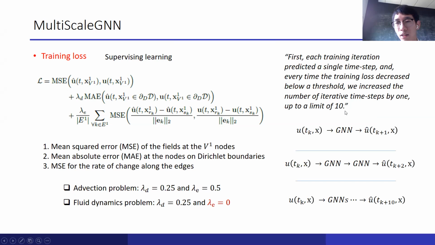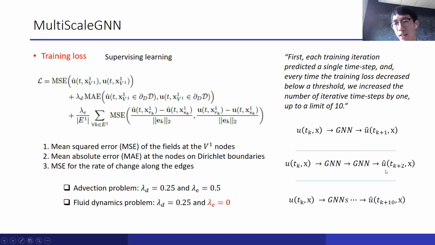If I understand correctly, they do the following. The input is U at t_k, and after a single evaluation of the GNN, they get U at t_{k+1}. This will be used in the loss function. After training for some time, they increase the number of evaluations.